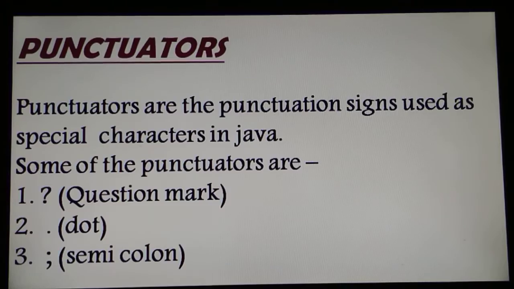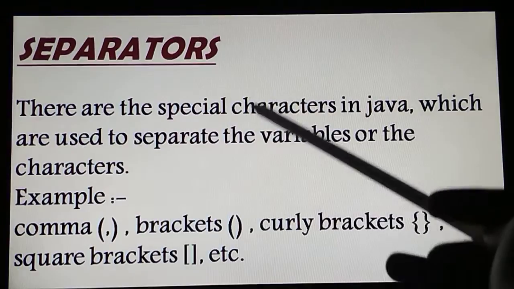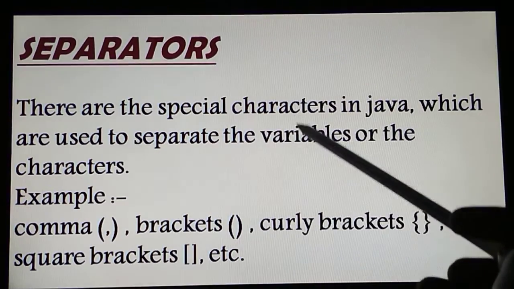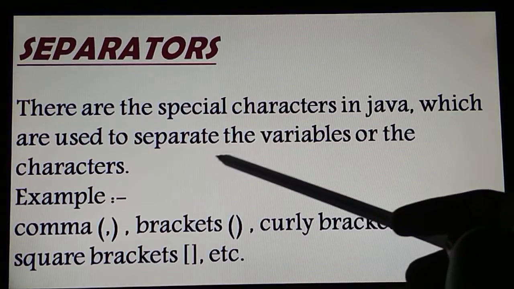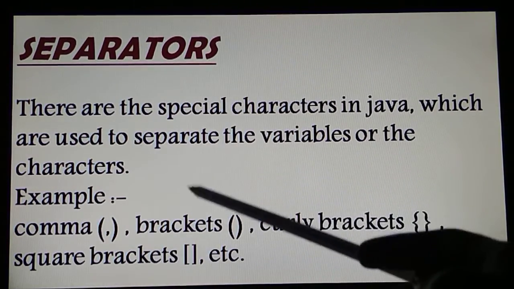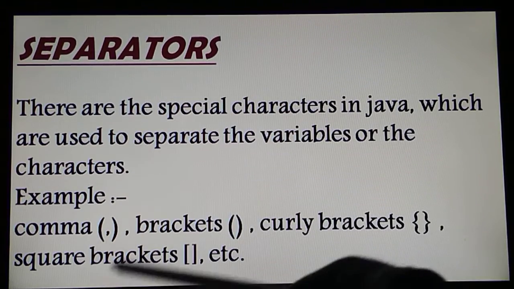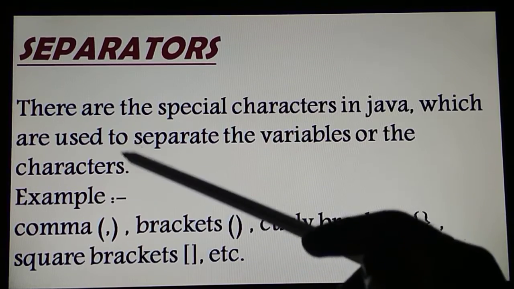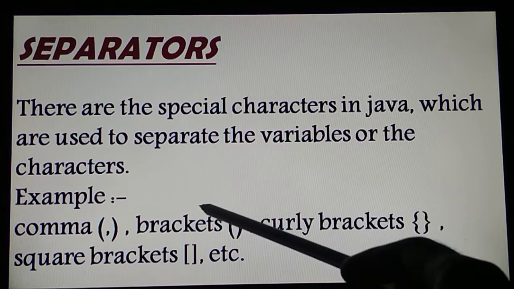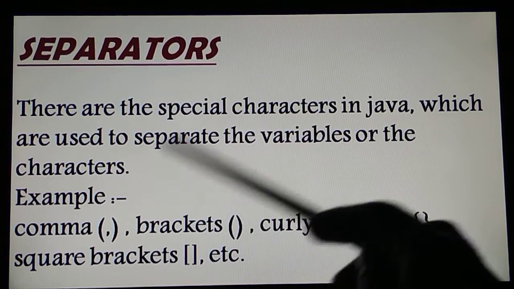Okay, now separators. What are separators? They are special characters in Java which are used to separate the variables or characters, like comma, bracket, curly bracket, square bracket, etc. Now I have used that in a program like int a = 20, and I have written a comma to separate the variables.